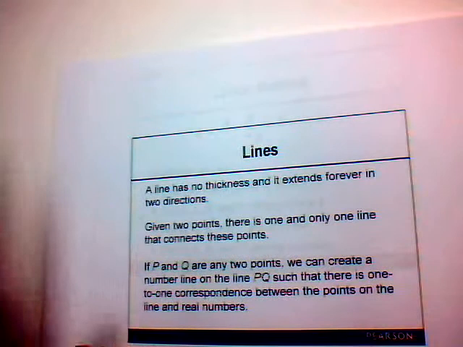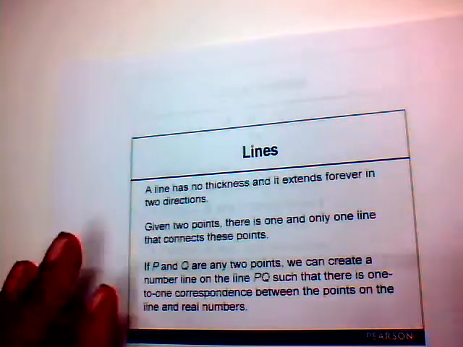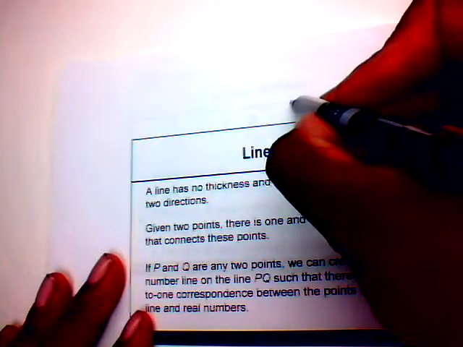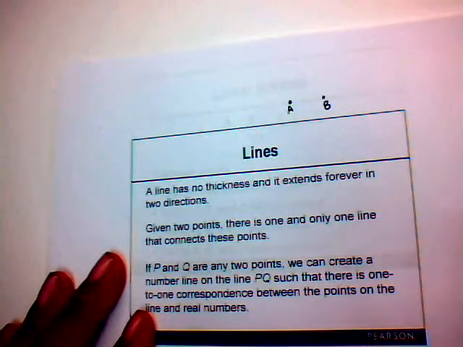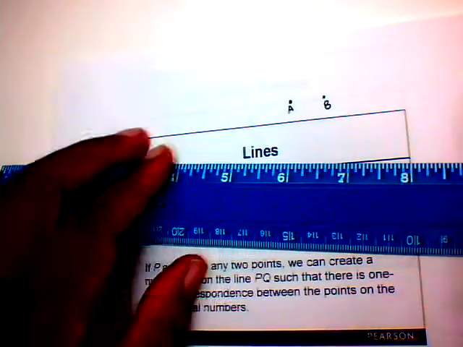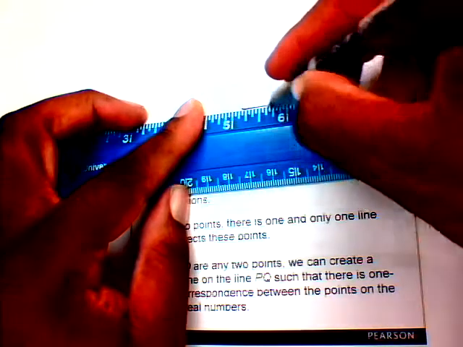Okay, a line has no thickness and it extends forever in 2 directions. Given 2 points, there is one and only one line that connects those 2 points. So in this case, let's say we have those 2 points A and B. For those 2 points, there is exactly one line that goes through those 2 points.